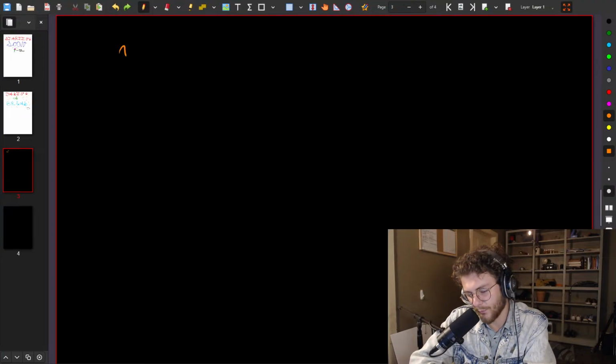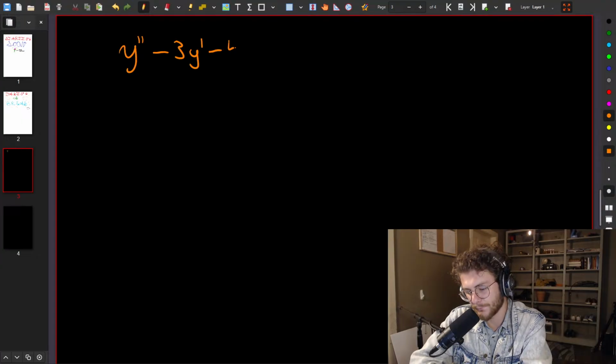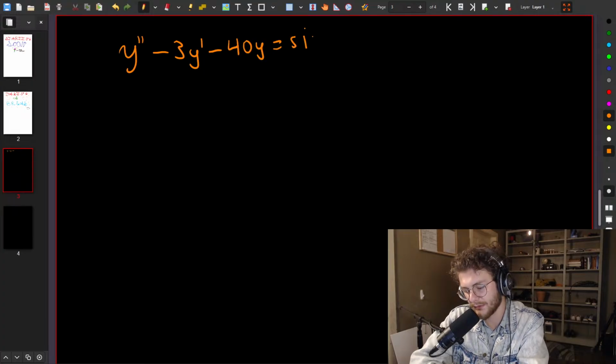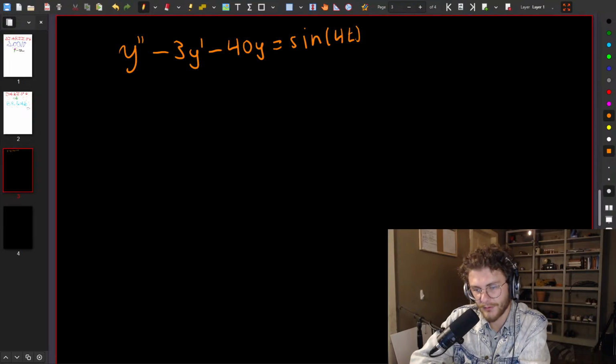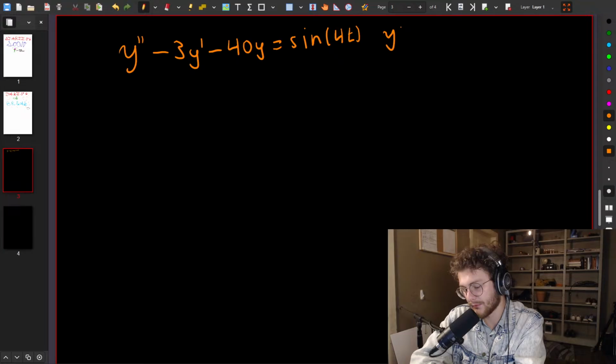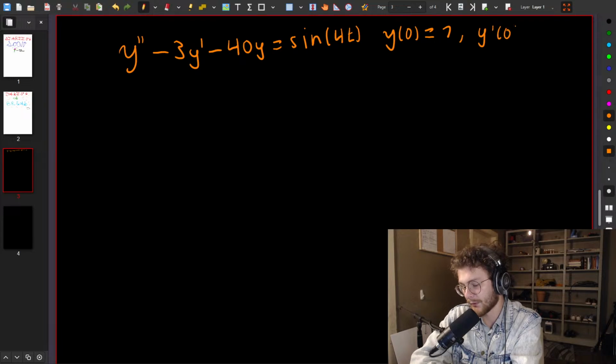So we now know that y double prime minus 3y prime minus 40y equals sine of 4t, where y of 0 equals 7 and y prime of 0 equals negative 2.